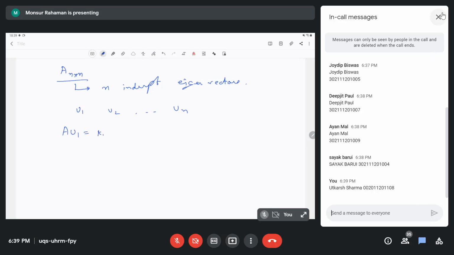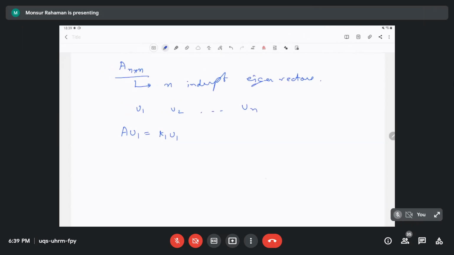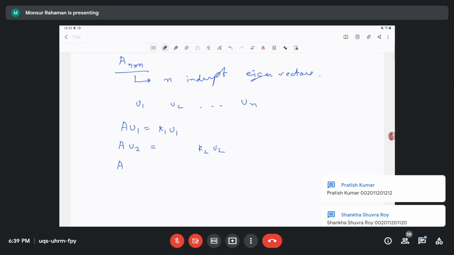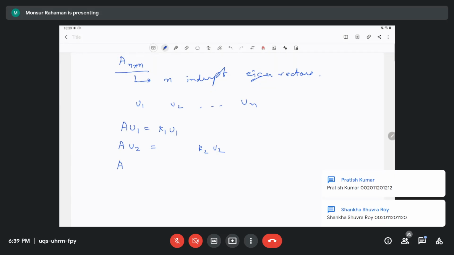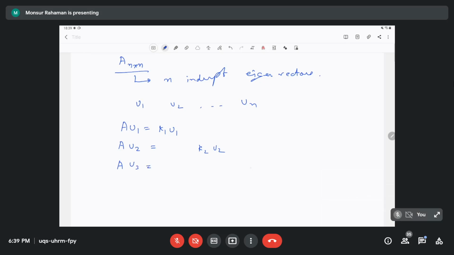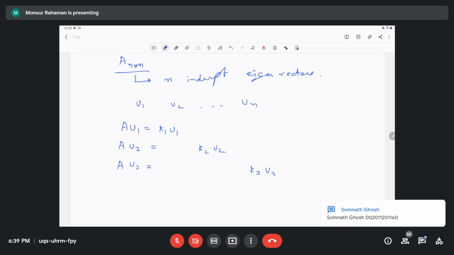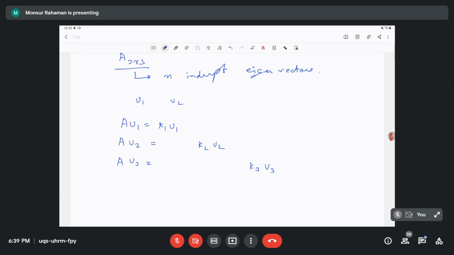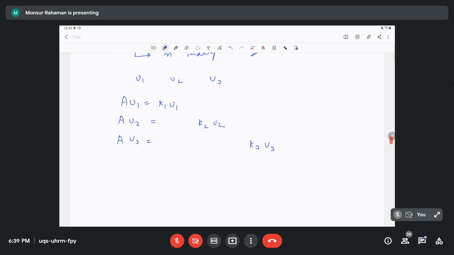Suppose this is k1, A v1 equals k1 v1, and v2 is another eigenvector, so A v2 will be another constant, k2 v2. We are not considering k1, k2 in any special form. A v3 equals k3 v3. For simplicity, let's consider this is a 3 by 3 matrix.